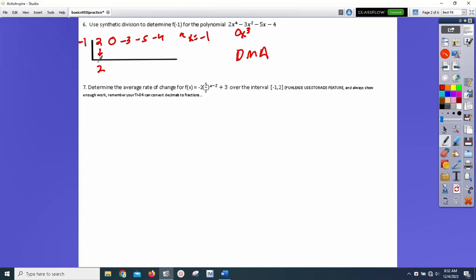So I drop the 2, negative 1 times 2 is negative 2, 0 minus 2 is negative 2, negative 1 times negative 2 is 2, negative 3 plus 2 is negative 1, negative 1 times negative 1 is 1, negative 5 plus 1 is negative 4, and negative 1 times negative 4 is 4. 0. Turns out f of negative 1 is 0. How about that?